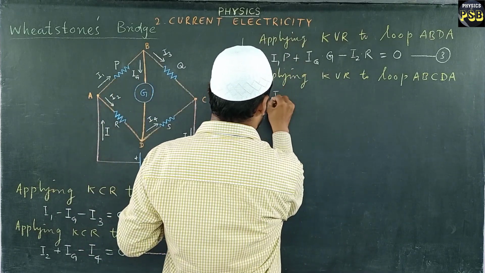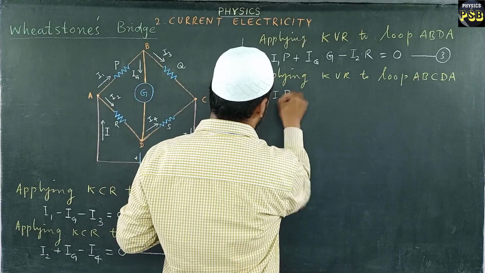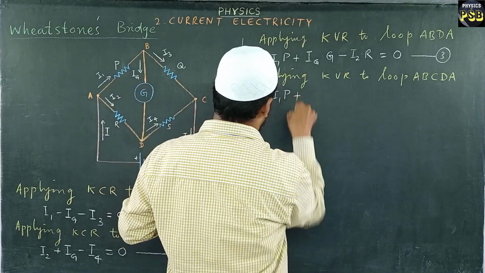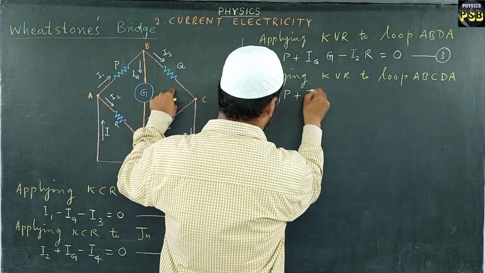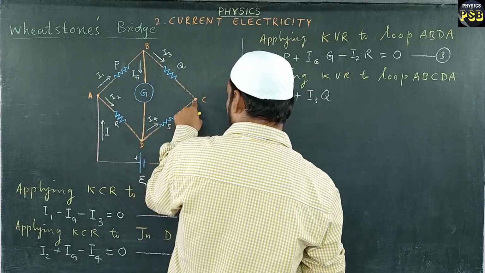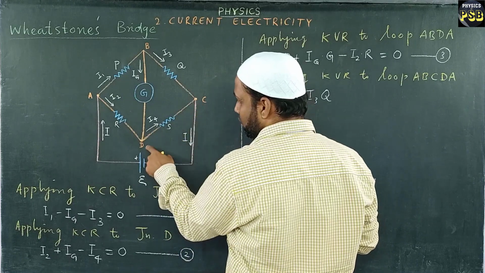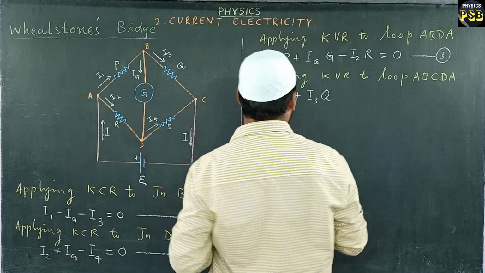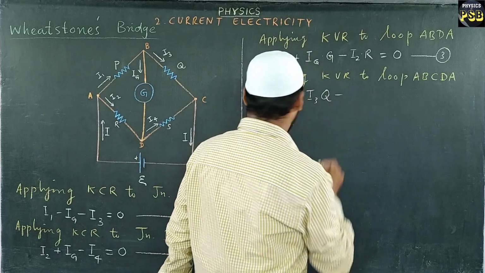I1 flowing through resistance P plus I3 flowing through Q. Then at point C, I have to move to D. The current flows in the opposite direction, so I write the minus sign here.